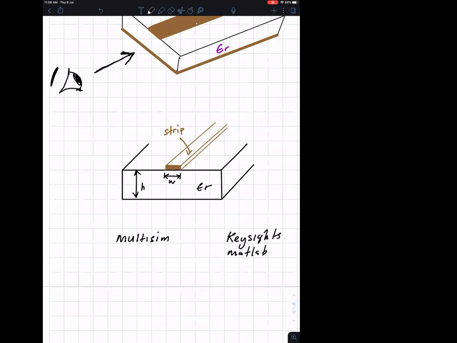And then you also have the thickness of the, sorry, not the substrate.